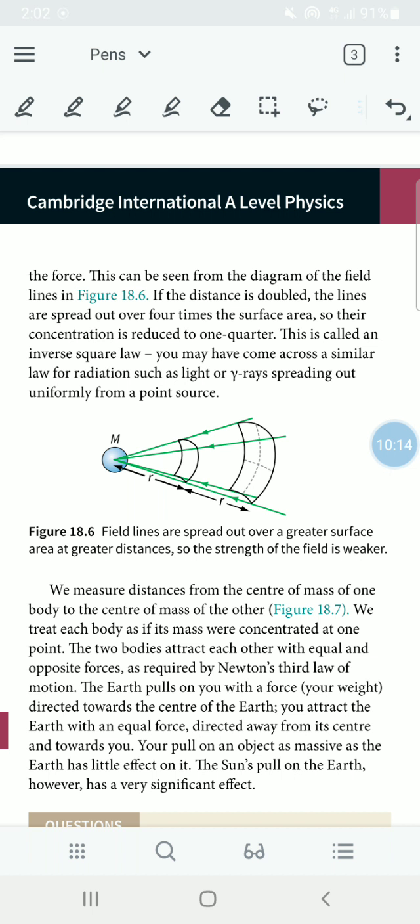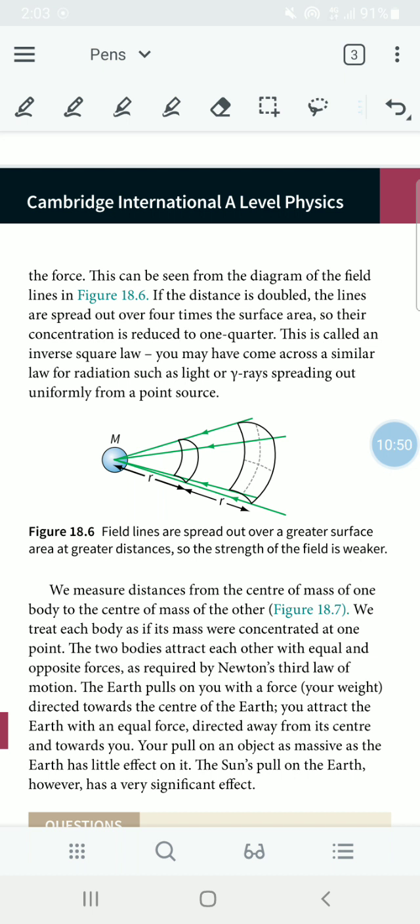The earth pulls you with a force, that is your weight, directed towards the center of the earth. You attract the earth with an equal force. That is the reason why you are on the surface rather than getting pushed out or sucked into the center of the earth. Your pull on an object as massive as the earth has little effect on it. The sun's pull on the earth, however, has a very significant effect, because they are quite large.